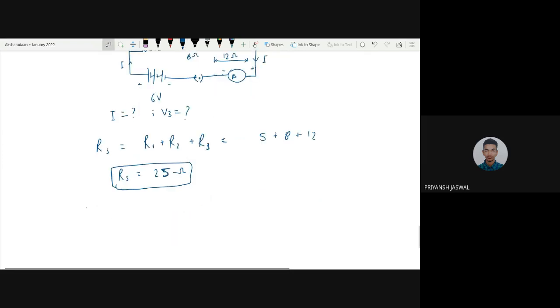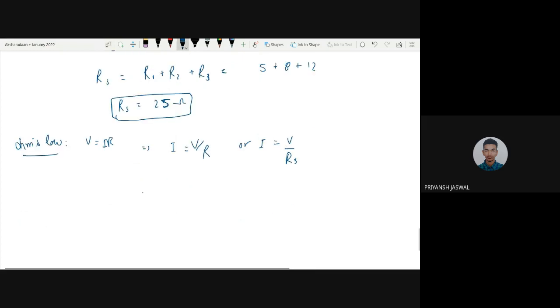Now using Ohm's law, current can be calculated easily: I equals V by R, or here I is equal to V by R_S. So I comes out to be 6 volt battery source, and 25 is the net resistance. Let me get the calculator. So the current comes out to be 0.24 ampere.